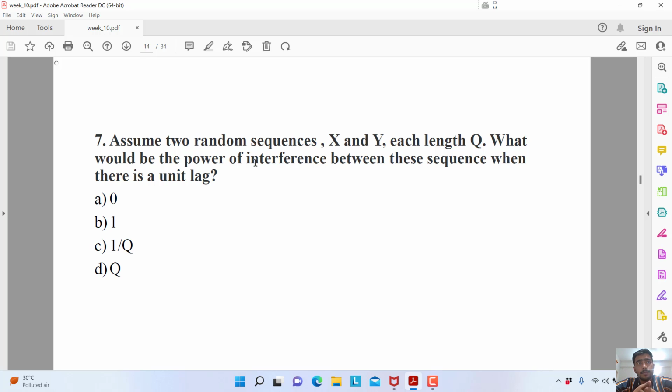Again I am repeating: assume two random sequences x and y, each of length q. What would be the power of interference between these sequences when there is a unit lag?